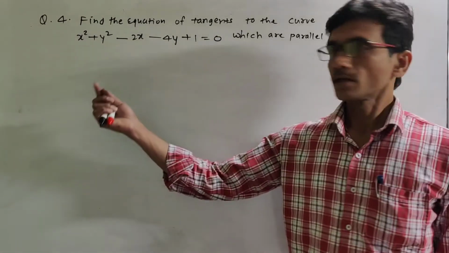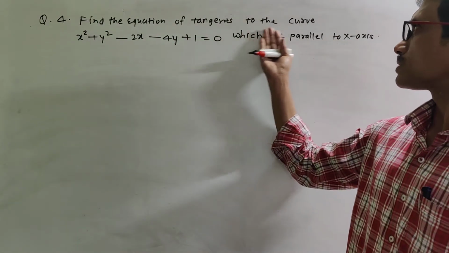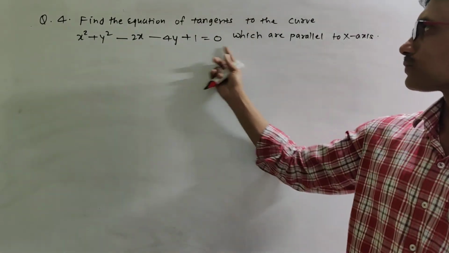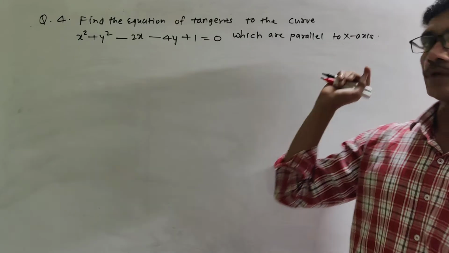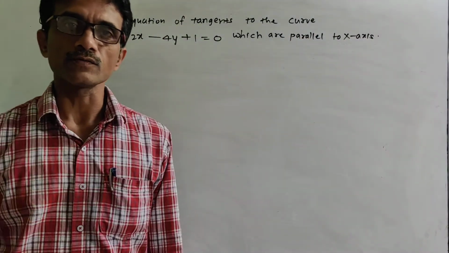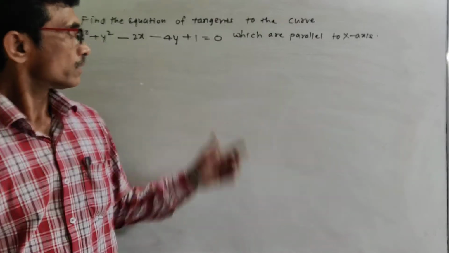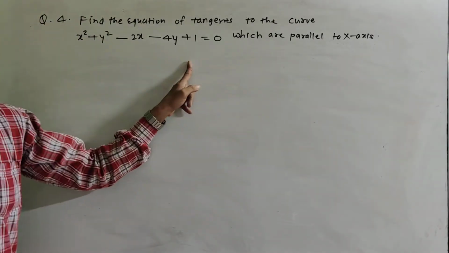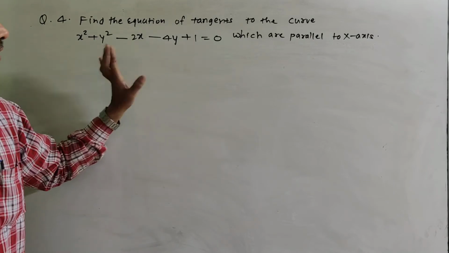Question number 4. Find the equation of tangents to the curve x square y square minus 2x minus 4y plus 1 equals to 0, which are parallel to x-axis. So any line which is parallel to x-axis, its slope will be equal to 0. So first of all, we find the coordinates of the point on the curve. That means two things you have to find.